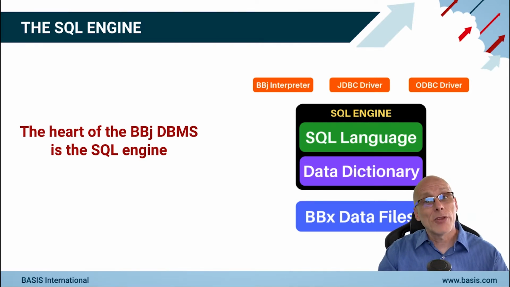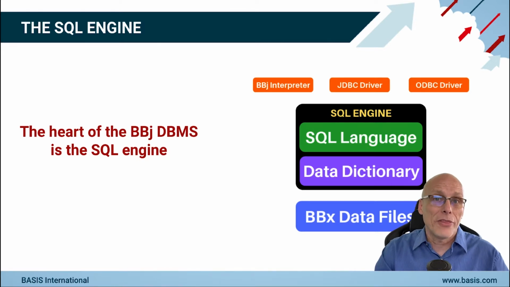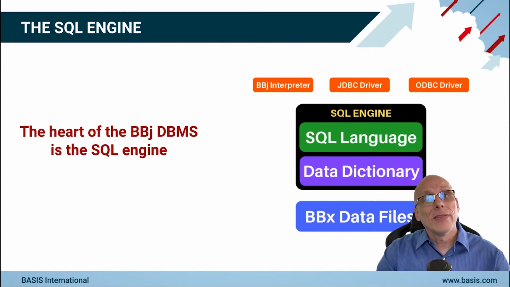The SQL language then sits atop that, and it uses the information that the data dictionary provides to understand how to execute SQL statements. So not only is it an SQL parser that understands the SQL language, but it also interacts with the data dictionary in order to understand what the data looks like, and then how to access that data in a way that is meaningful and accurate according to the query that is submitted.